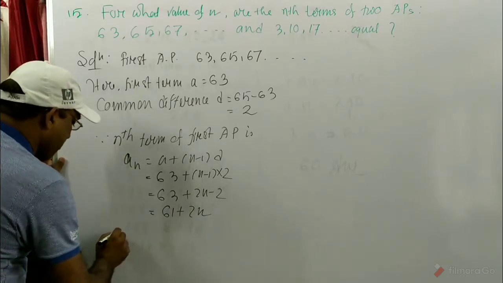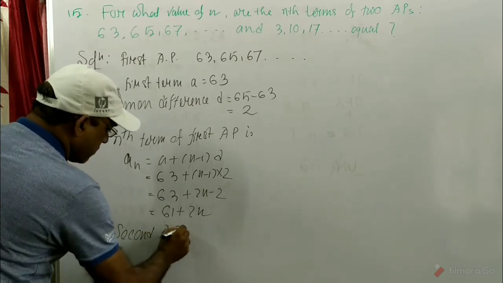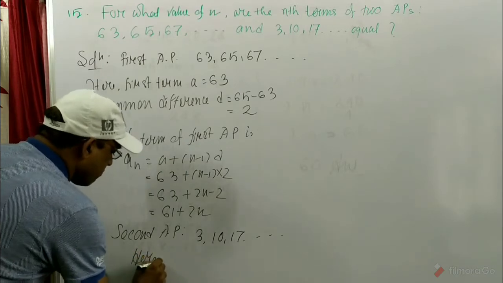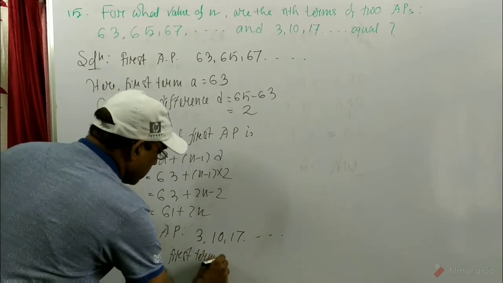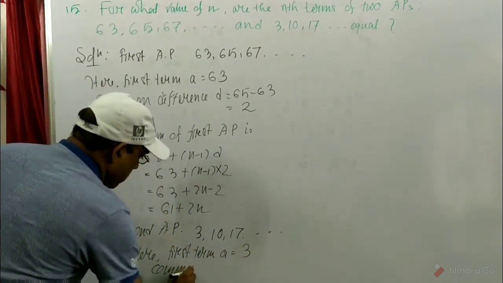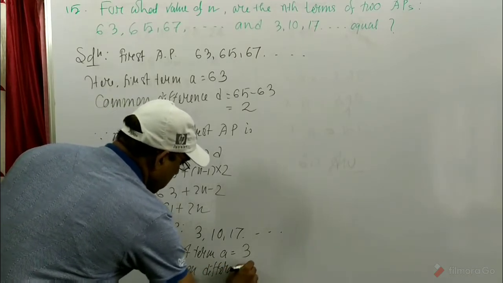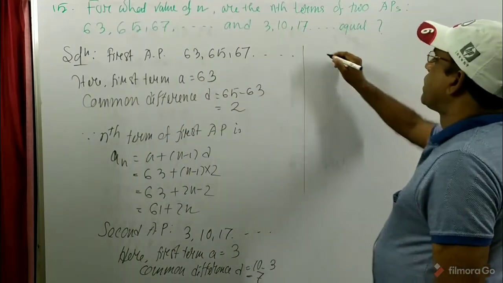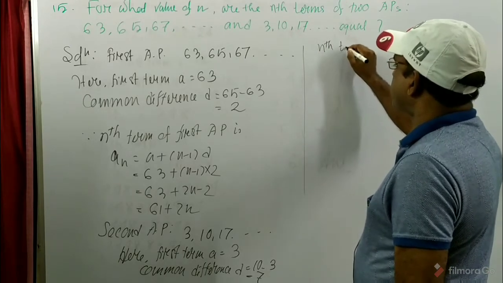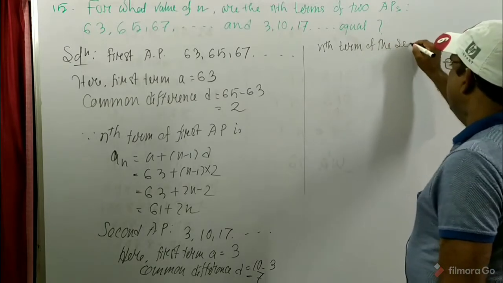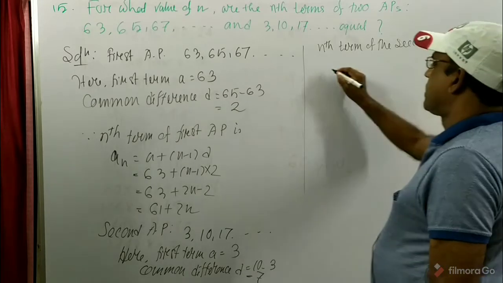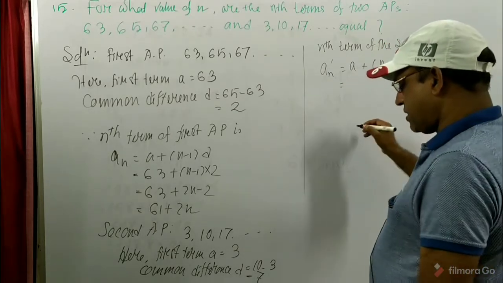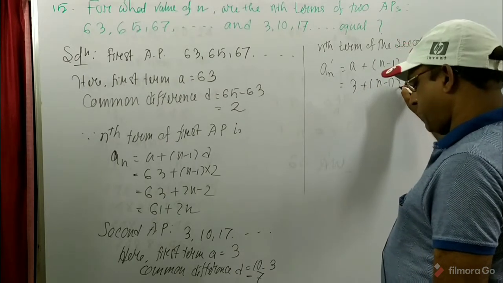Now we consider the second AP. The numbers are 3, 10, 17, ... Here the first term a equals 3 and the common difference d equals 10 minus 3, which is 7. The nth term of the second AP, an dash, is a plus n minus 1 into d, where a means 3 and d means 7.